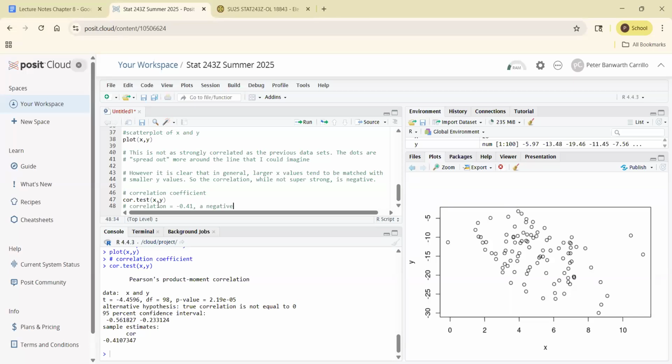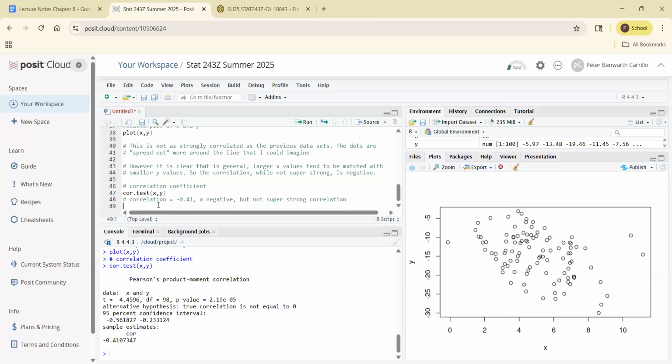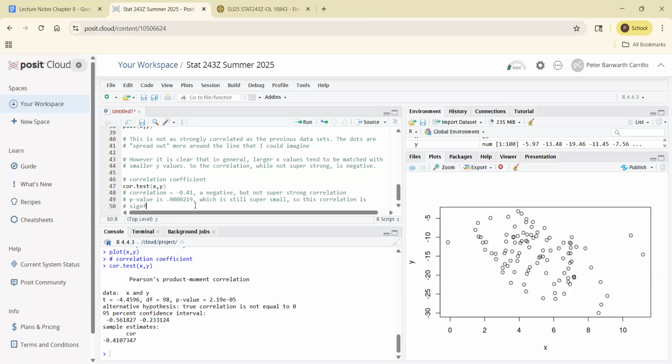So a negative, but not super strong correlation. However, the p-value is still small, about 0.00000219. That's too many zeros. It's still super small, so this correlation is significant.